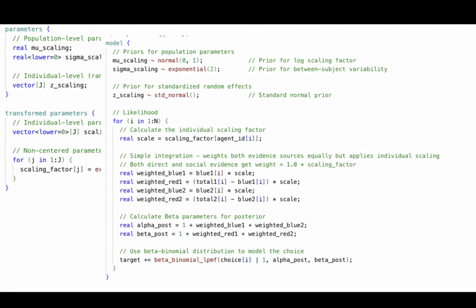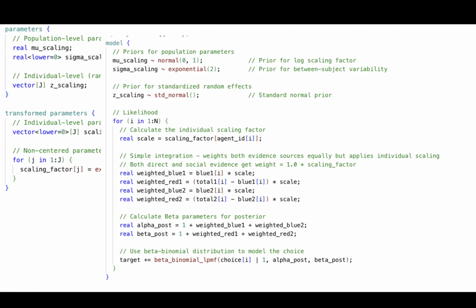And then what we do is that for each of the observations, we say that the scaling factor is the scaling factor of the agent that corresponds to the line. We calculate the weighted blue and weighted red, because in this case, now we're adding how confident they are.